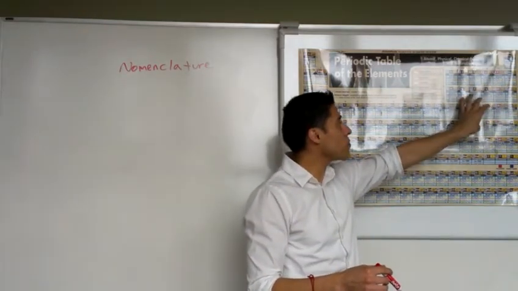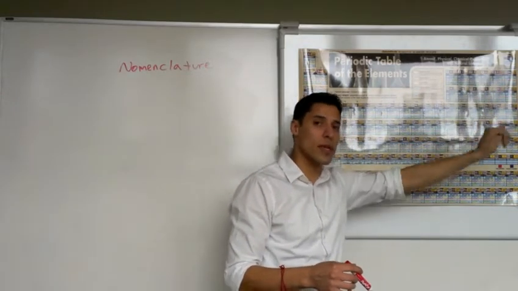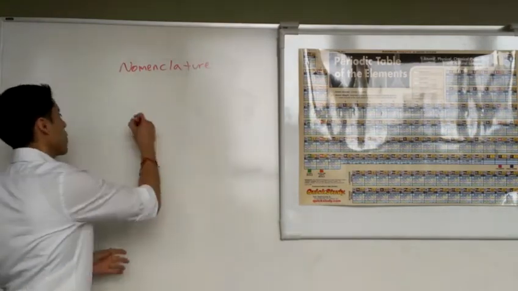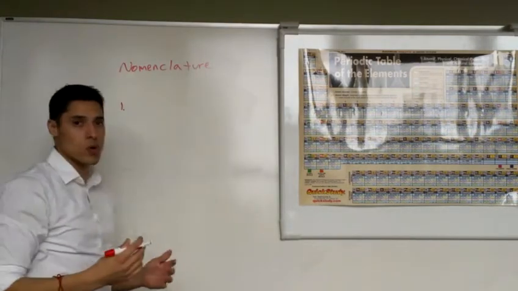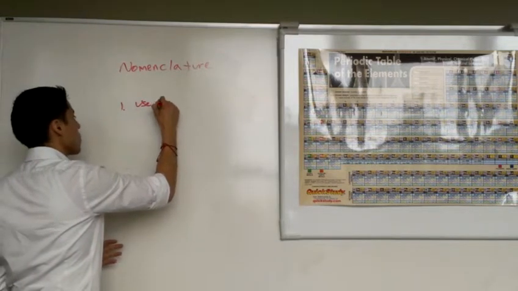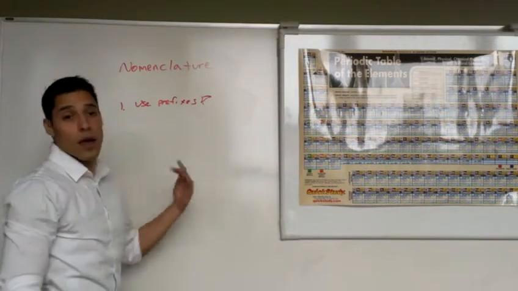Whenever you have compounds with two atoms from the right side of the periodic table, you're going to follow these two rules. The first rule is you're always going to want to use prefixes. That's the first rule.